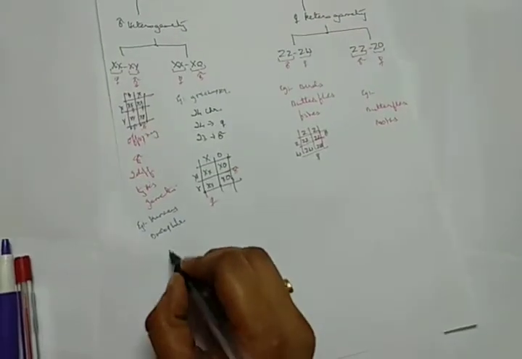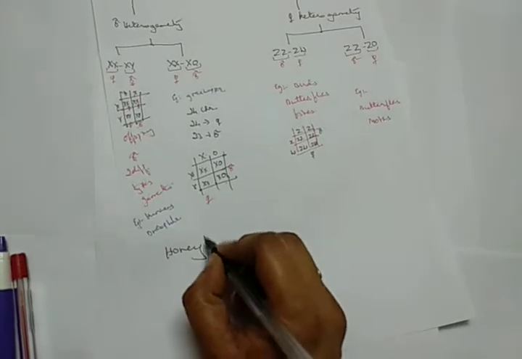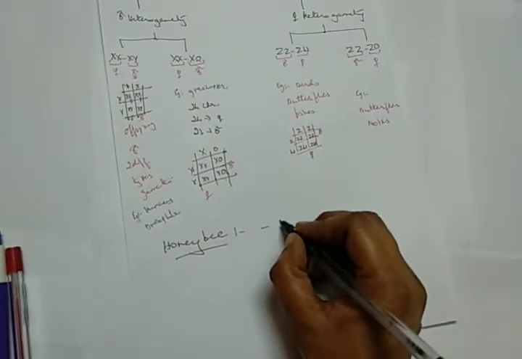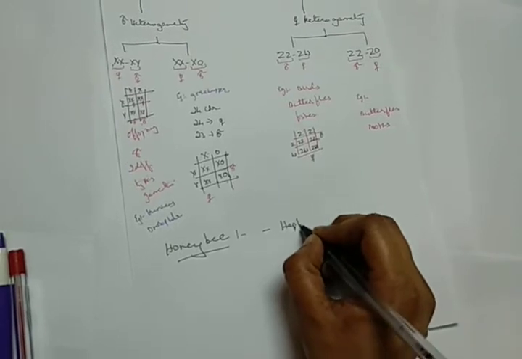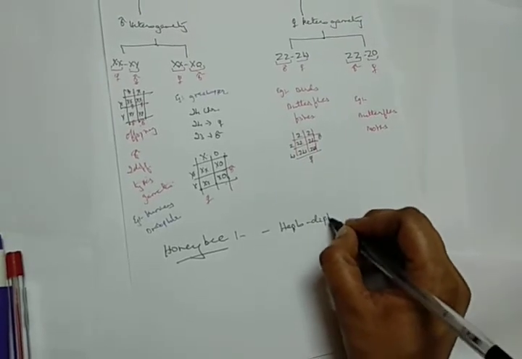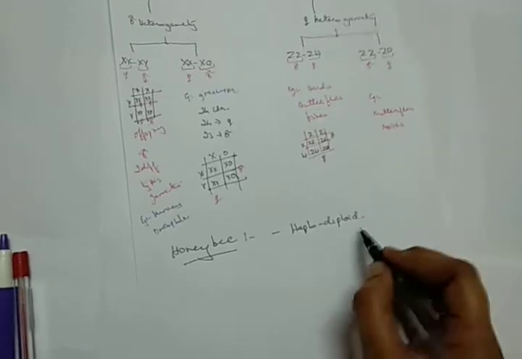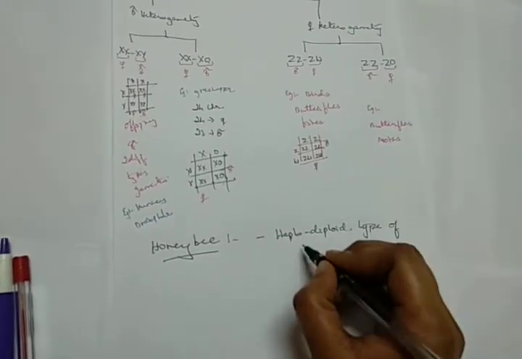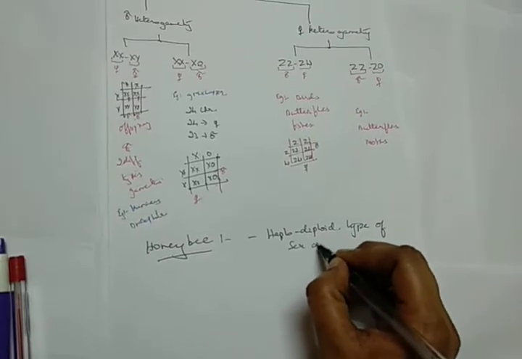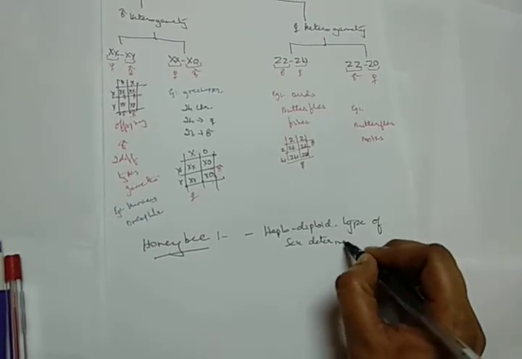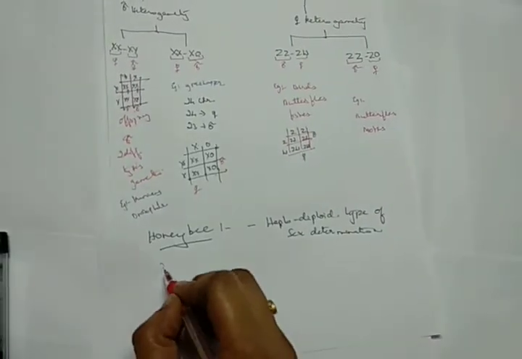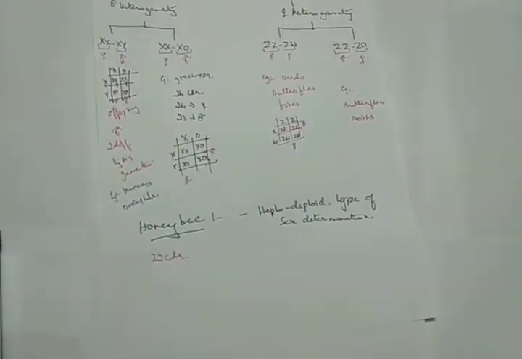Apart from this, when you consider the honeybee, it is going to represent the haplodiploid type of sex determination. In the honeybee, they have 32 chromosomes.